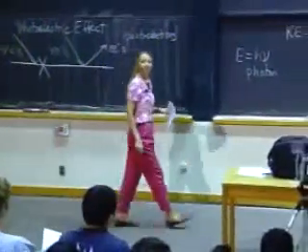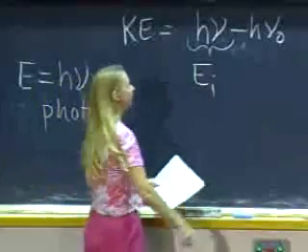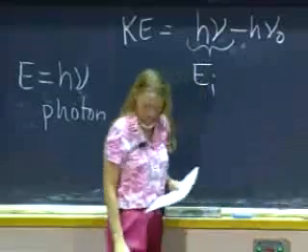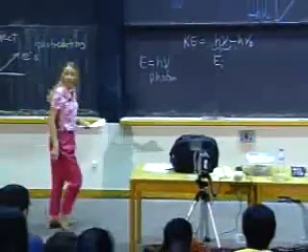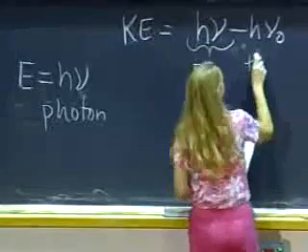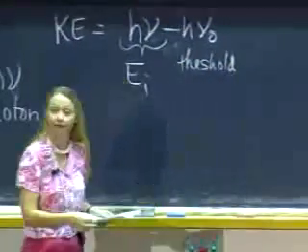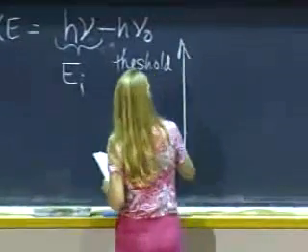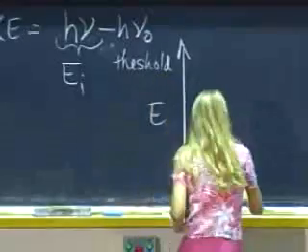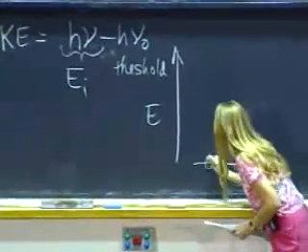Now, if this h times nu here was an energy, this h times nu naught also better be an energy. And it's the threshold energy. So let's draw an energy level diagram to try to understand that. I'm going to plot an energy here. And let's draw an energy level for an electron.